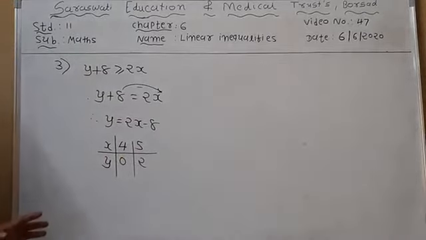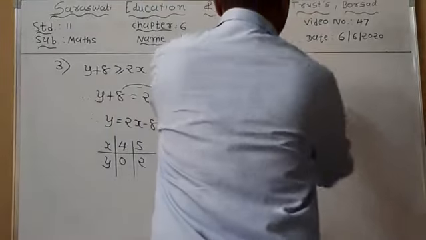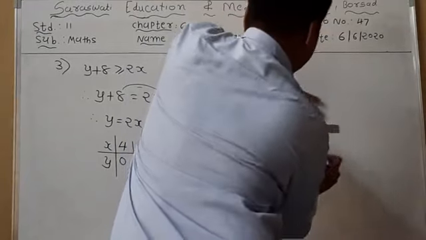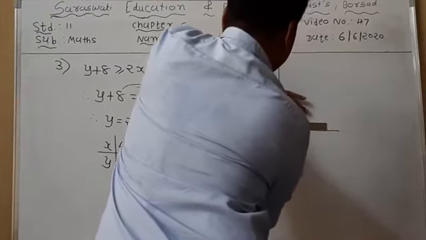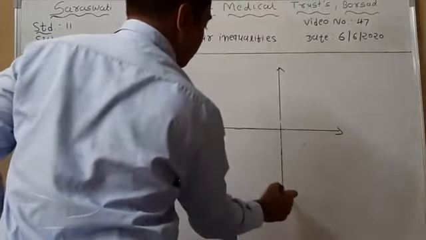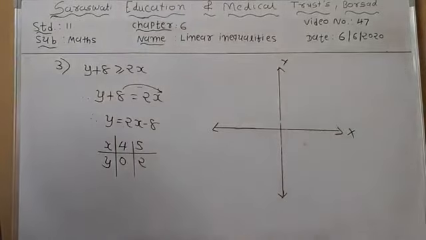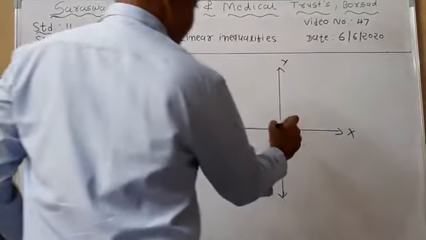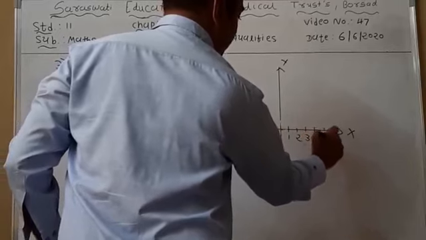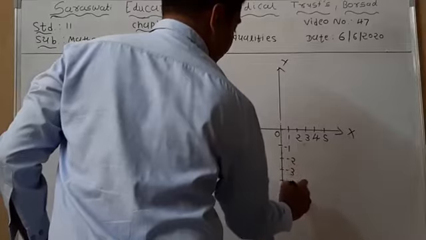Now represent these points on the graph and after that draw the shaded part. Now here write the x axis, here the y axis. Now on the right side 0, 1, 2, 3, 4, 5, and here minus 1, minus 2, minus 3, minus 4.